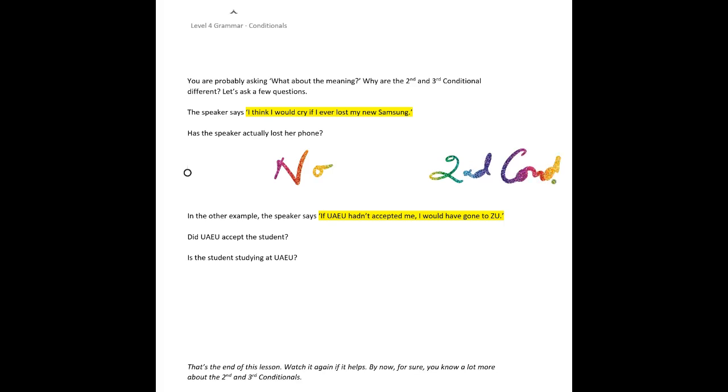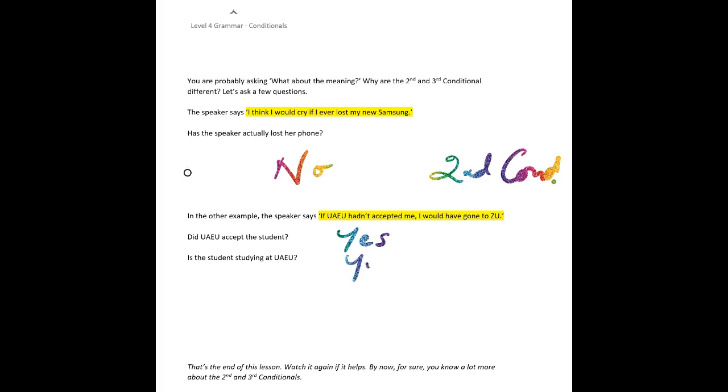In the other example, the speaker says, if UAU hadn't accepted me, I would have gone to ZU. Now, did UAU accept the student? Is the student studying at UAU? What are the answers? Well, yes, UAU did accept the student. Is the student studying at UAU?